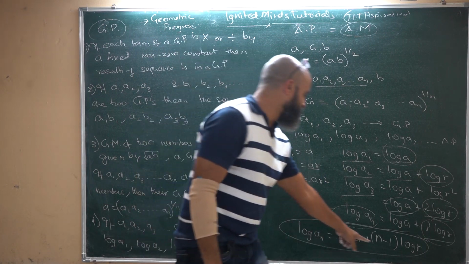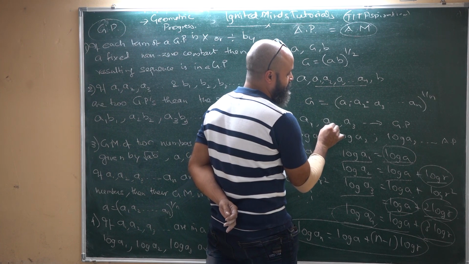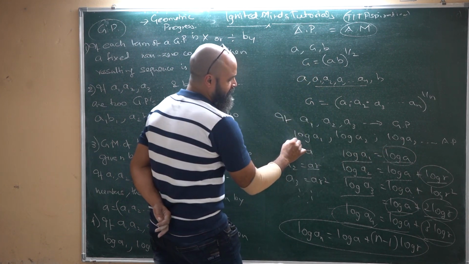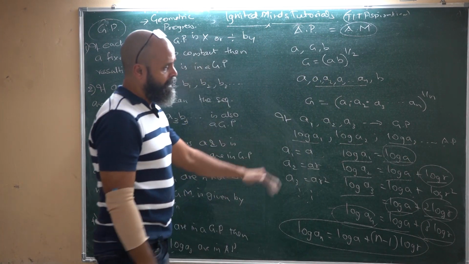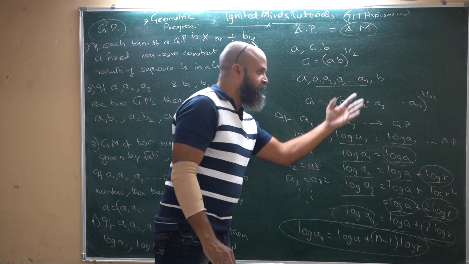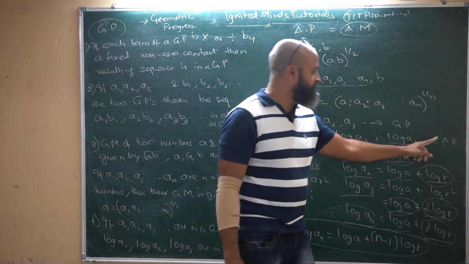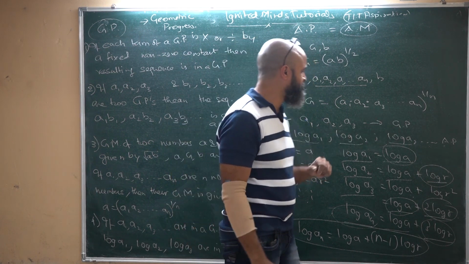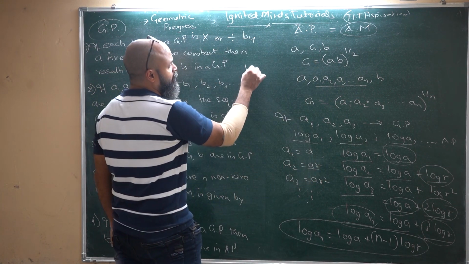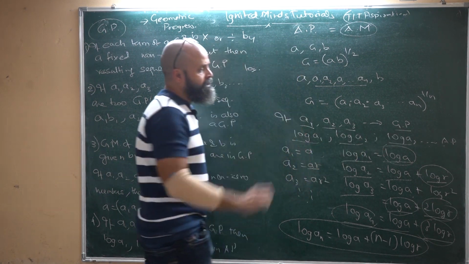So if we have a geometric progression A1, A2, A3, then we can conveniently say that log A1, log A2 and log A3 are in arithmetic progression, and the vice versa also holds true. If log A1, log A2 and log A3 are in AP, then we can say that A1, A2, A3 are in GP. So if we are given any series which is a log series, we can conveniently say that A1, A2 and A3 will be in GP.